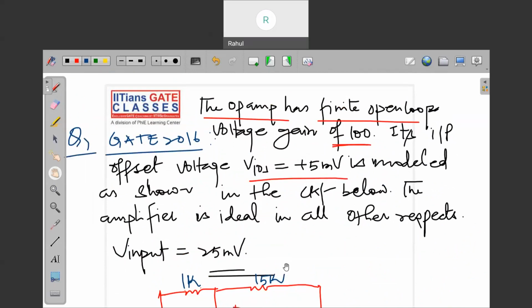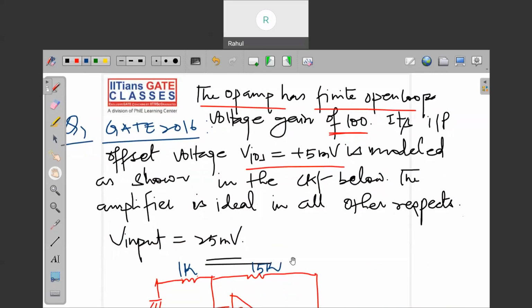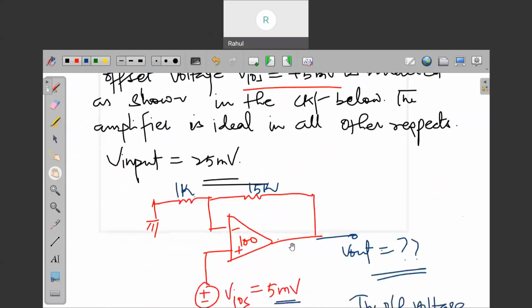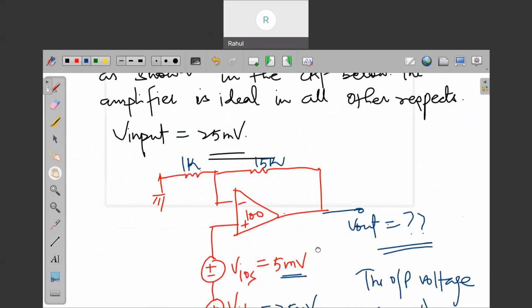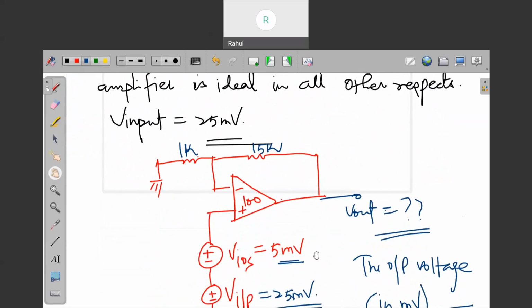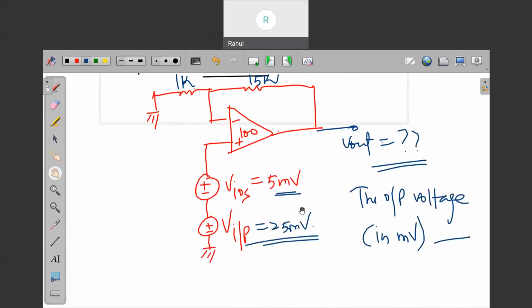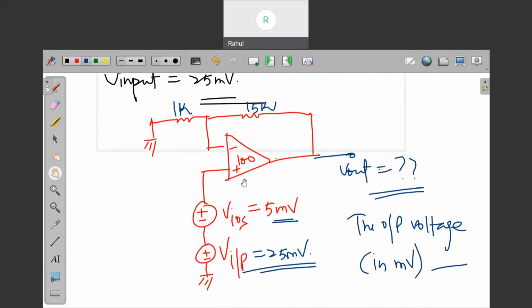Its input offset voltage VIOS is plus 5 millivolt, modeled as shown in the circuit below. The amplifier is ideal in all other aspects, and you have to find the output voltage. So how can you find the output voltage? You can find directly because it is having finite gain.